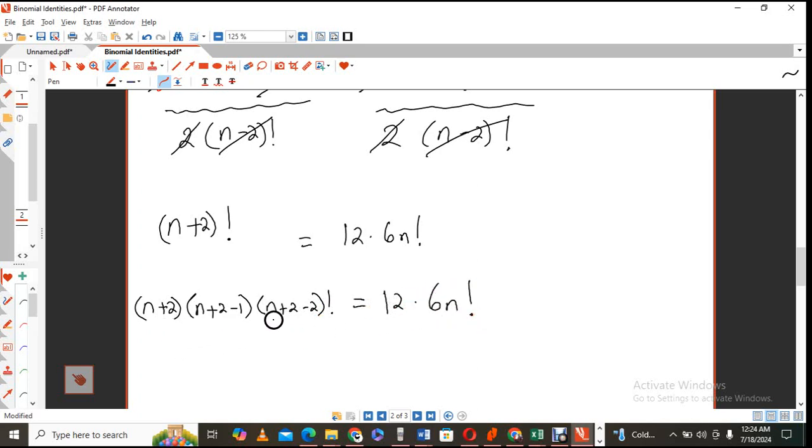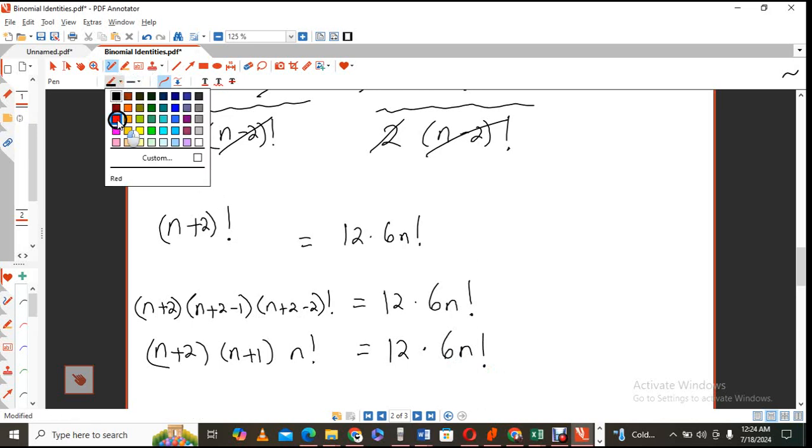The reason why I do this is to clean this up: this is n + 2, that is n + 1, and this one is just n!. Don't have to put it in brackets, you can just write n!. That is equal to 12 times (6n)!.